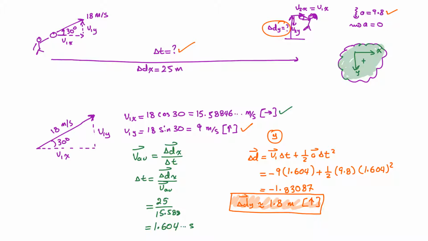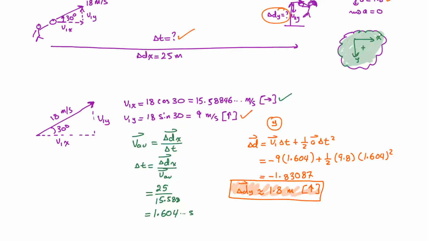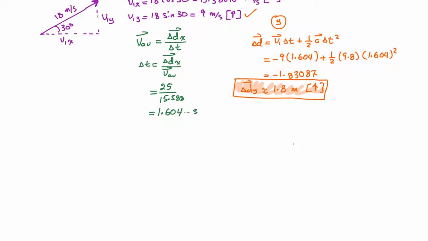In the x direction, the value doesn't change, and we already have that right here. v1x is equal to 15.58846, and that's the same as v2x. So I'm just going to move up a little bit, and I'm going to write that down.